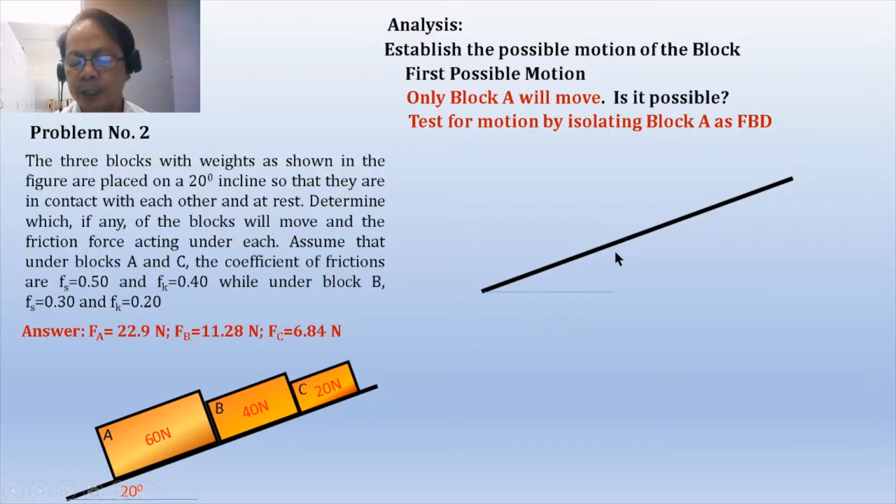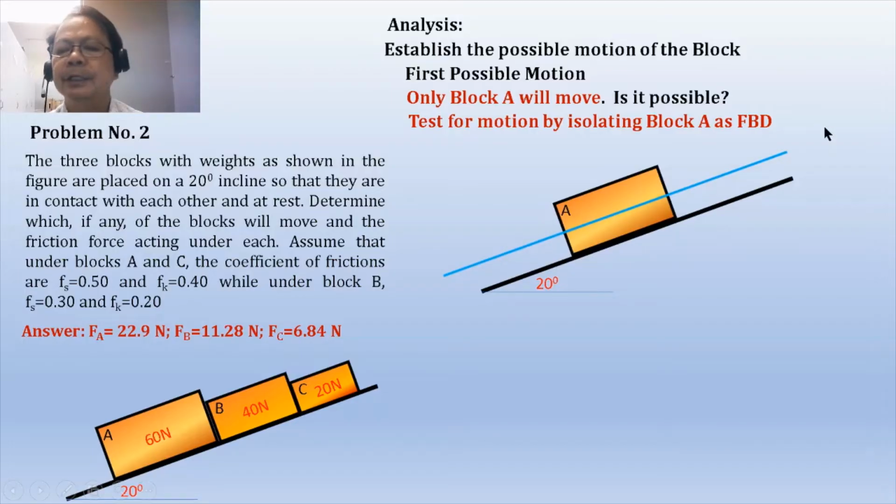So here is our inclined plane that makes 20 degrees from the horizontal. And above this plane, meron tayong block. If we consider this axis that is parallel to the inclined plane as the x-axis, then an axis perpendicular to it may be labeled as the y-axis.